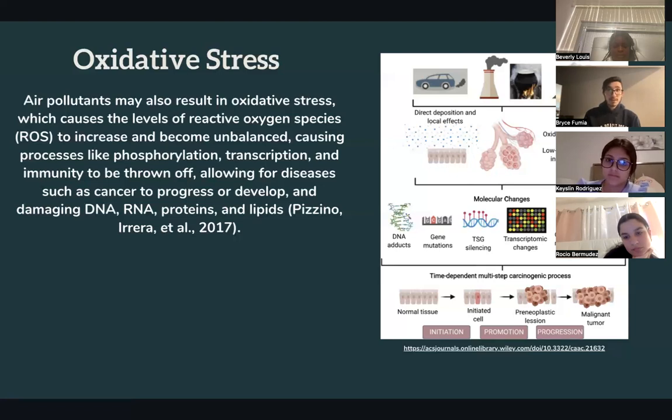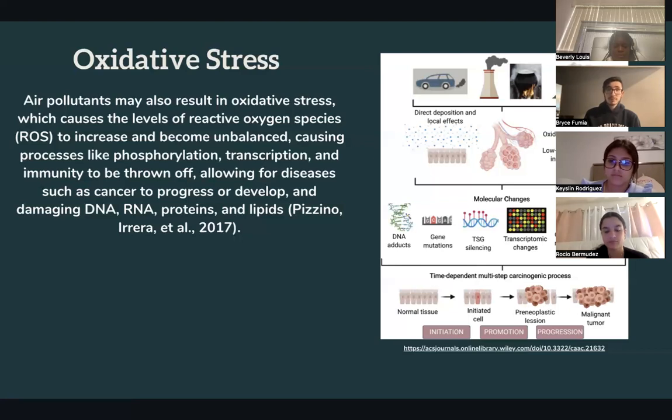Due to this oxidative damage and inflammation in our immune system, there are a few molecular changes that occur. These include DNA adducts, gene mutations, TSG silencing, transcriptomic changes, changes in non-coding RNAs, and apoptosis inhibition. Due to all of these molecular changes, there is a time-dependent multi-step carcinogenic process.